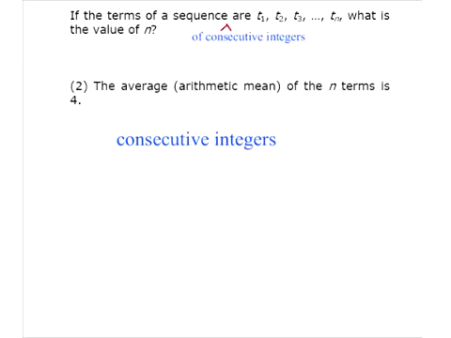The average is the middle number, the middle value is the mean. Dynamite, yes. This is the only time where we are guaranteed that the mean and the median are the same thing. It can happen in other cases randomly, but with consecutive integers and evenly spaced sets, you know it to be true. So I agreed then that B would be sufficient if this were consecutive integers.